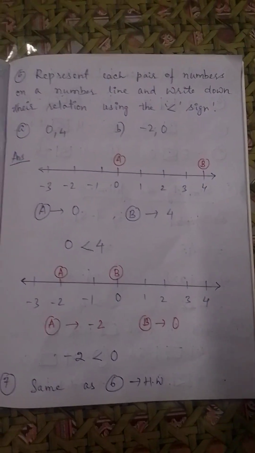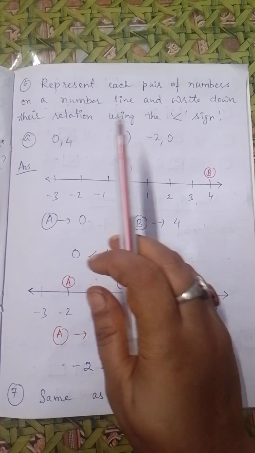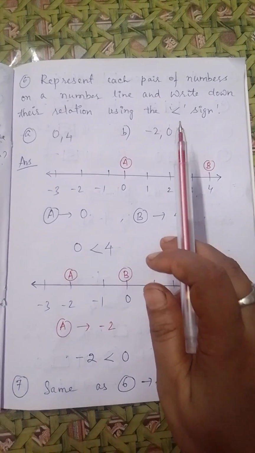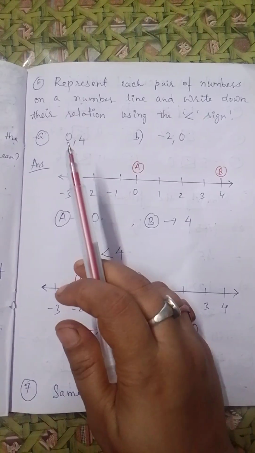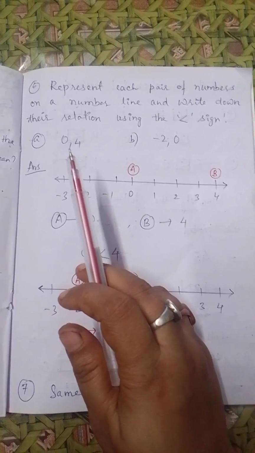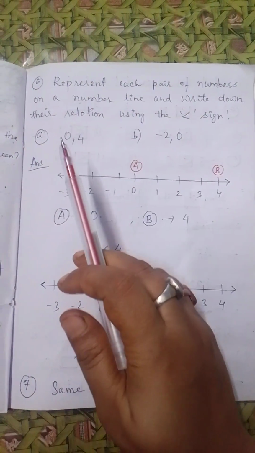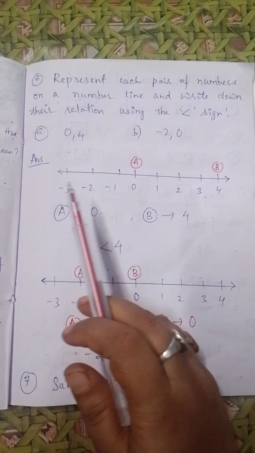So now next question we will go. Represent each pair of numbers on a number line and write down their relation using this sign. Okay, so they have given a pair of numbers, two numbers, that you have to first represent on the number line. You have to draw the number line, and after that you have to write their relation using this sign.